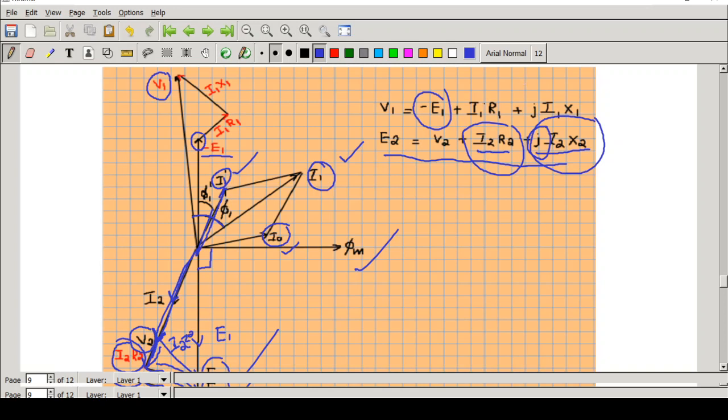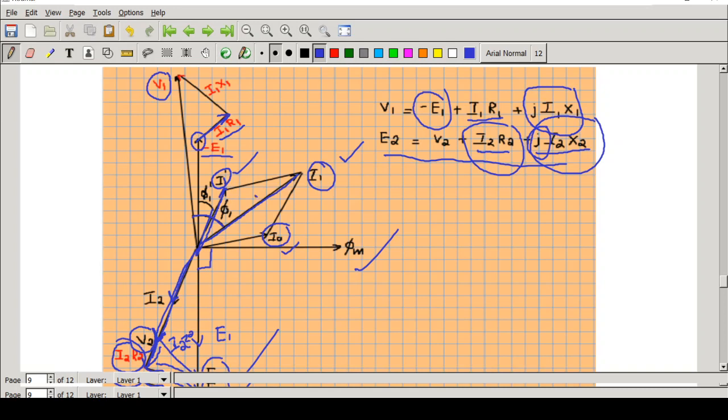Now first I will add I1 R1, the voltage drop across a resistor. I know the direction of current I1. See here, this is the direction of current I1. So I'm going to draw a line parallel to I1. This will represent I1 R1. Next I have to add j I1 X1, which means j is a 90 degree vector, right?